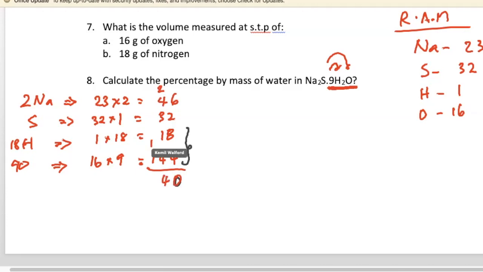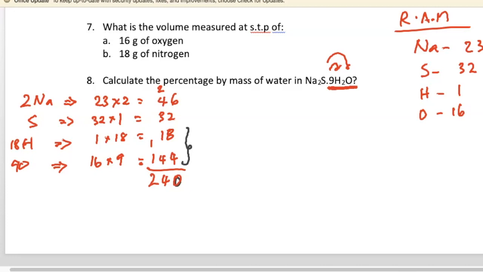So this is 240. Let's punch these in the calculator to double check. We have 46 plus 32 plus 18 plus 144, and we end up with 240. So the total mass of the compound here is 240.